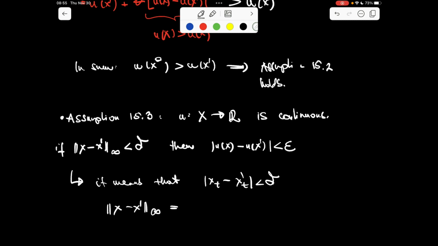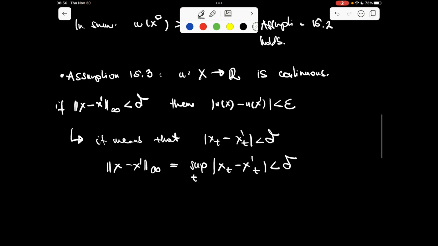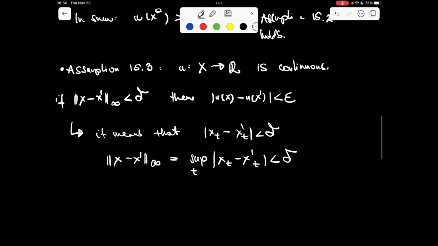So the norm that we use in this space is the sup norm. So it means that to any t, the difference between the two consumption paths in any period is less than delta.